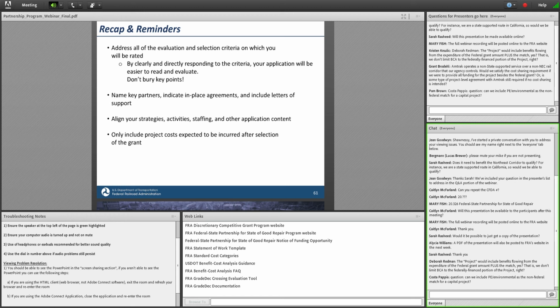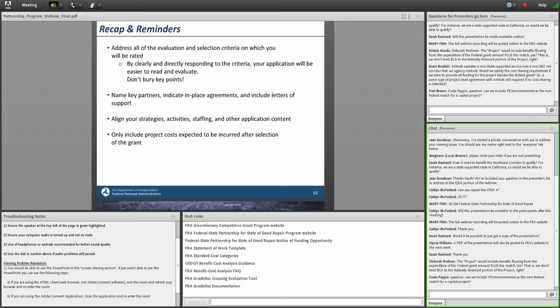Be sure that you are clear and directly respond to the criteria so that your application is easy to read and evaluate. So don't bury key points. It's good to have all the information right out there in front of folks. Our evaluators reviewed numerous applications, so it's good to have that information such that it's easy to find.